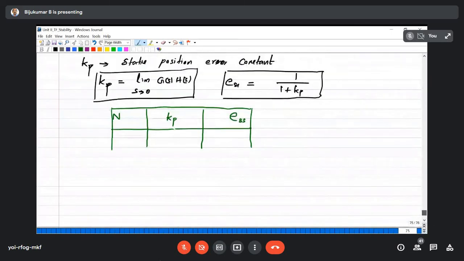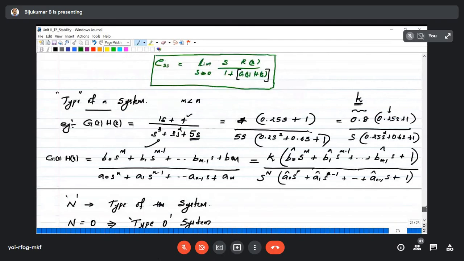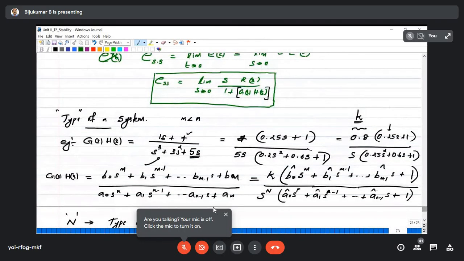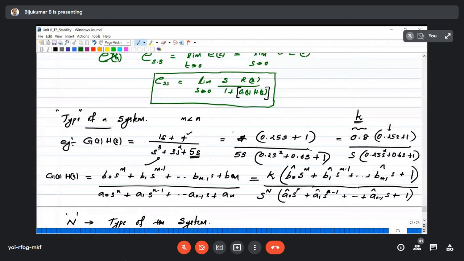For a type 0 system, what is the value of n? 0. Okay. So what is the Kp you are expecting? We'll move to this transfer function. From this transfer function, type 0 means s power 0 will come, right? When s tends to 0, all this inside thing will go to 0.